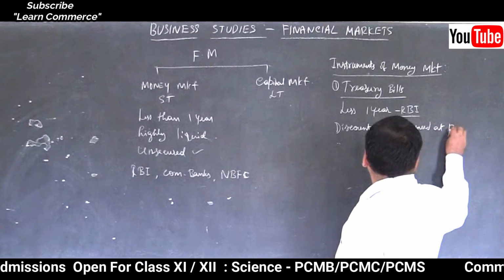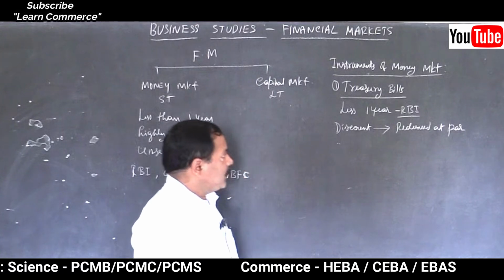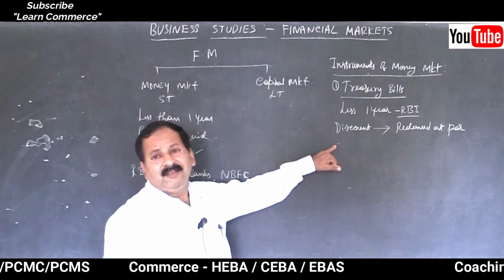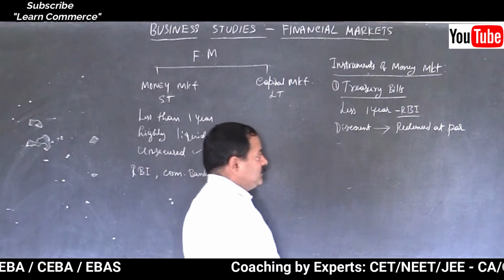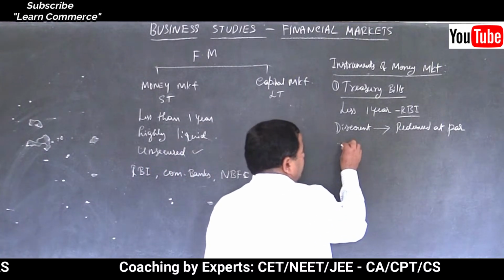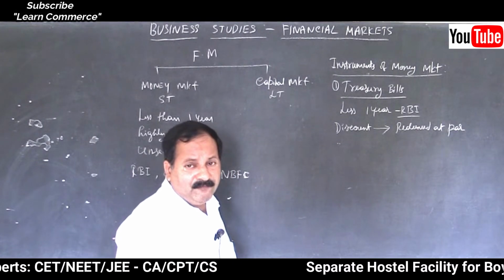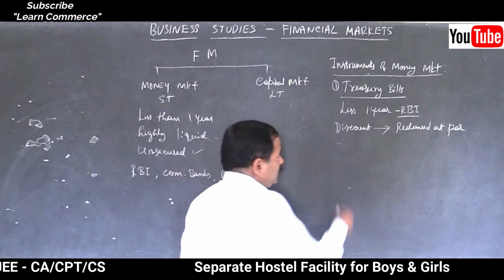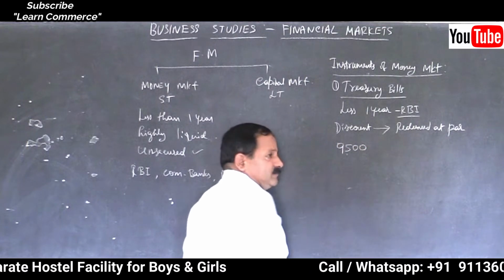Meaning is, suppose the RBI is issuing a treasury bill of rupees 10,000, it will be issued at a price lower than its face value. Suppose the face value is 10,000, it will be issued at maybe rupees 9,500.